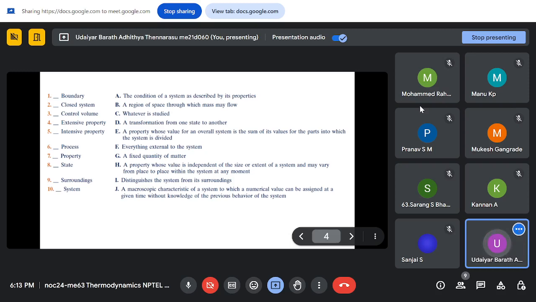So option B. Now you are fixing a volume, so you are assuming space. In that case, you can have any flow of mass or energy. So that's what open system means. You are fixing up a volume, so control volume. So answer is B.